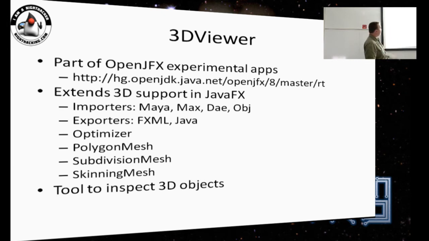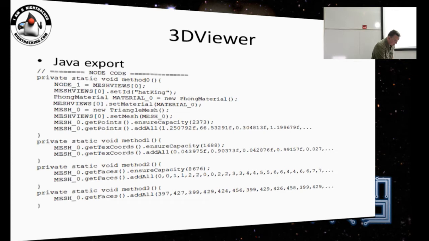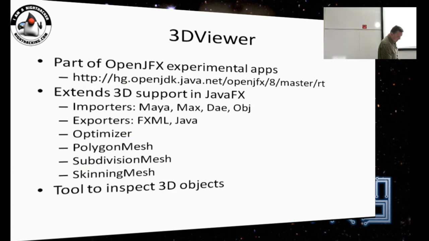Or you can directly output it as a Java object and Java source code, which would look something like this. It has long arrays of your points, long arrays of your texture coordinates, your face indexes, and this is the fastest way to load 3D objects into a Java program. You can create this using the 3D viewer.